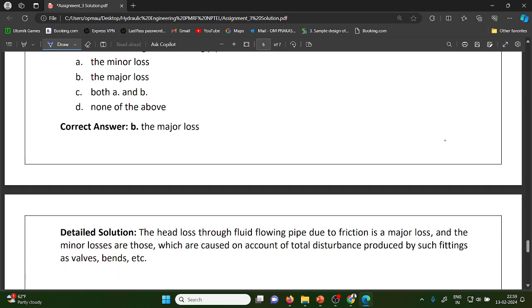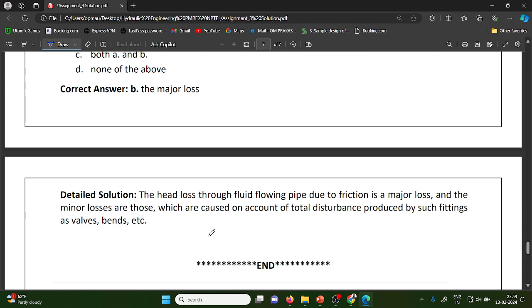If you read the description: the head loss through the fluid flowing in the pipe due to friction is major loss, and the minor losses are those caused on account of total disturbance produced by fittings, valves, bends, etc. So these are some important questions regarding these concepts.